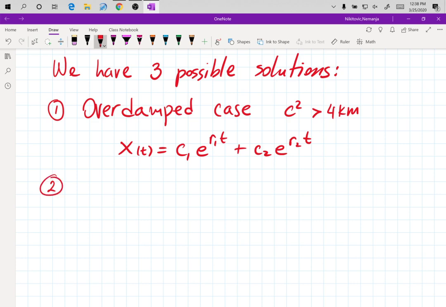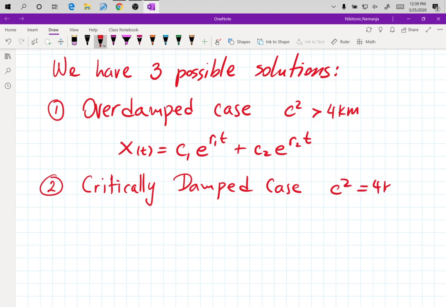The next one is the critically damped case, where c squared is equal to 4km. This is where you have repeated roots.